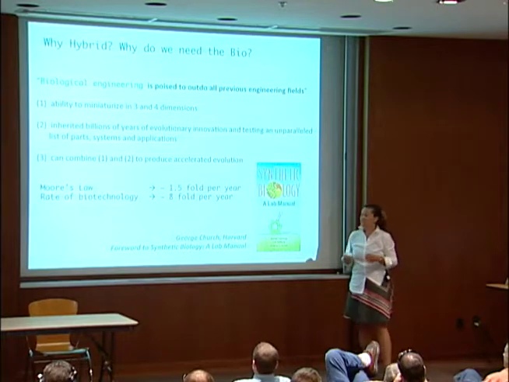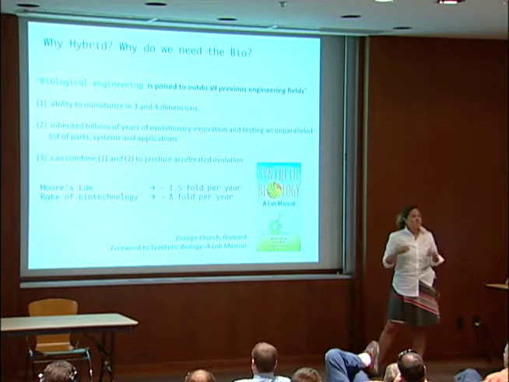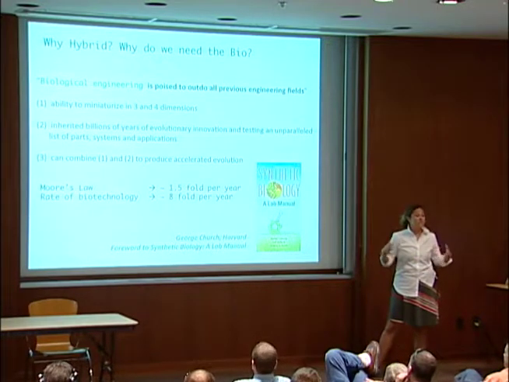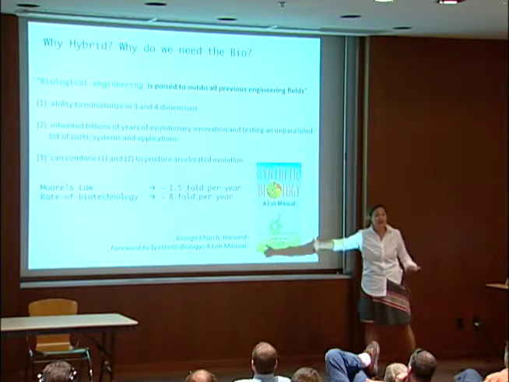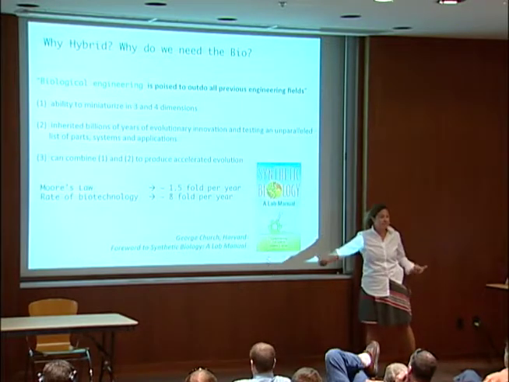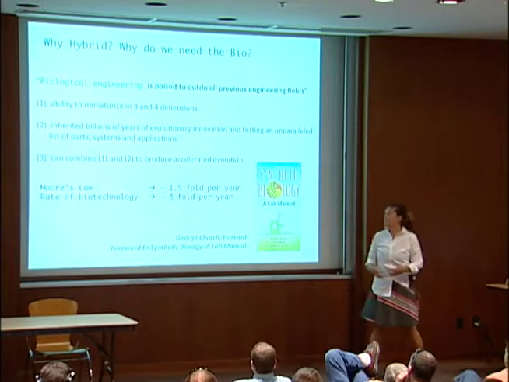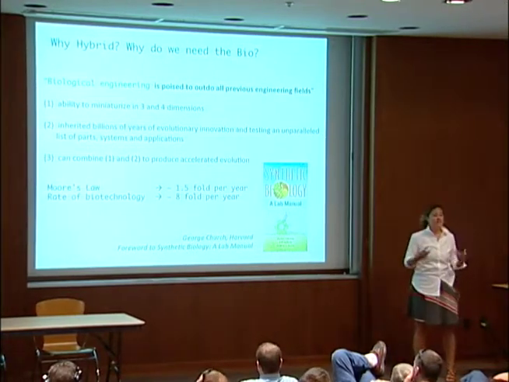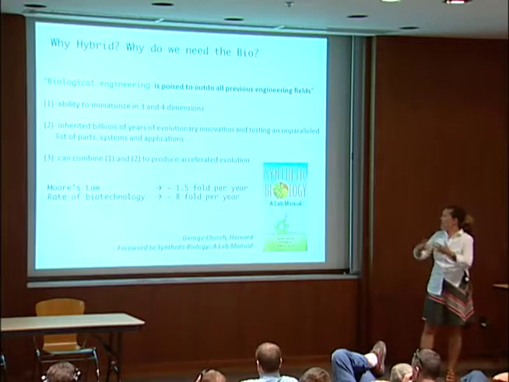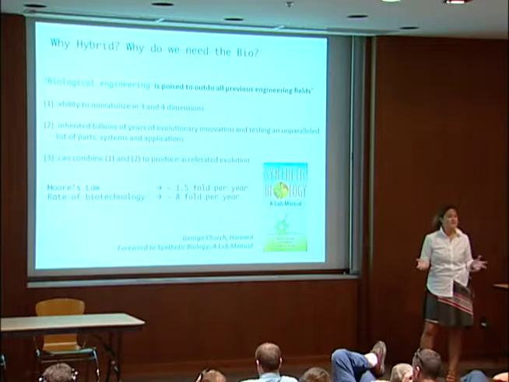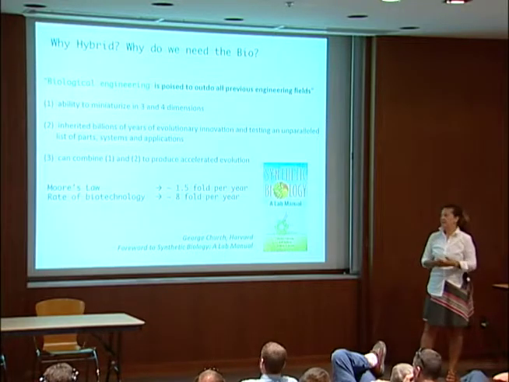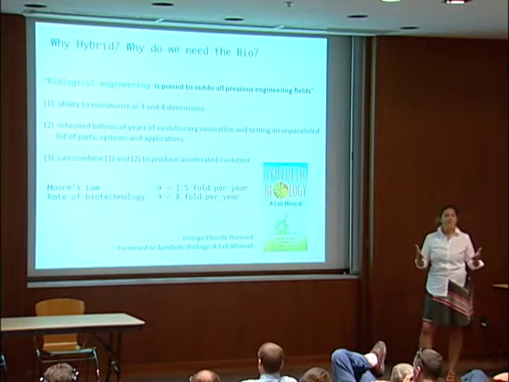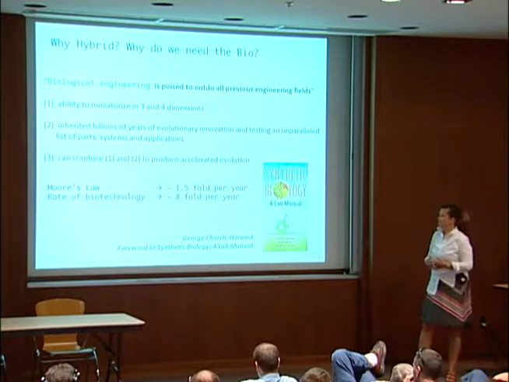That biology gives us the ability to miniaturize and engineer in 3 and 4 dimensions. That 4th dimension, time, right? Biological systems evolve. There's a lot of power in that. We've inherited billions of years of evolutionary innovation and testing with an unparalleled list of parts, systems, and applications. And we can combine these things to produce accelerated evolution of engineering.